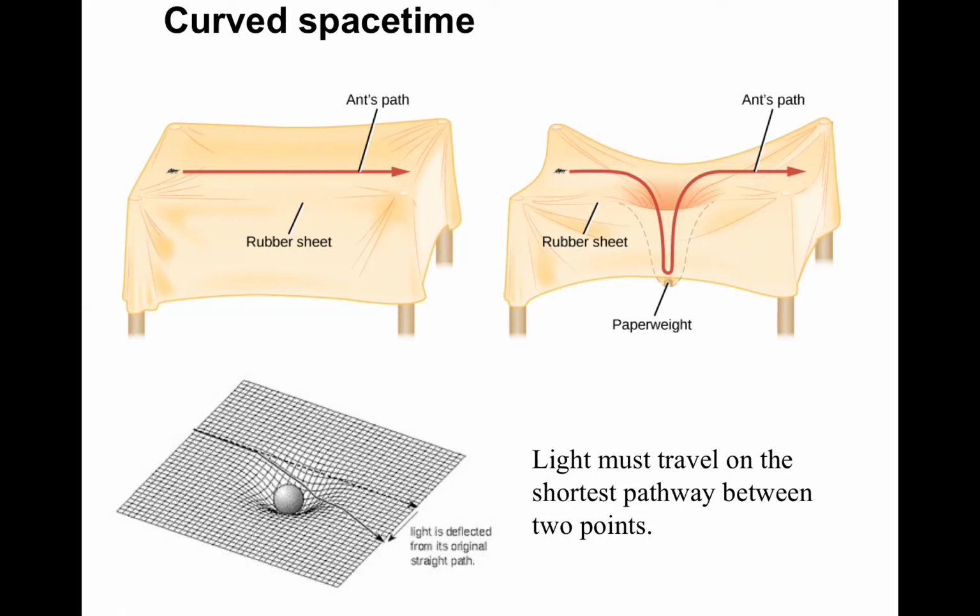It will cause it to curve. And so this ant, even if it tried to make a perfectly straight path on this sheet, may have to, in fact, a perfectly straight path for this ant through this curved space will look like a curved path to us. And it might even have different distances than you might think.